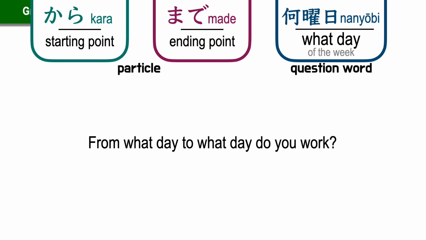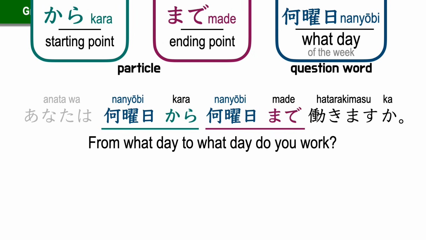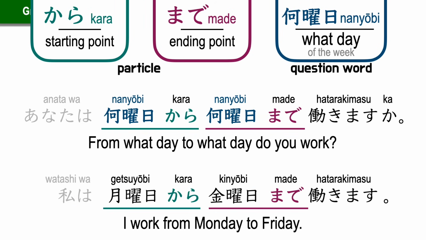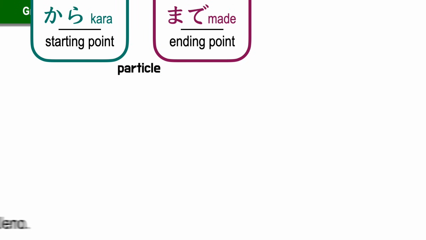From what day to what day do you work? 何曜日から何曜日まで働きますか？I work from Monday to Friday. 月曜日から金曜日まで働きます。These から and まで can be used for places too.